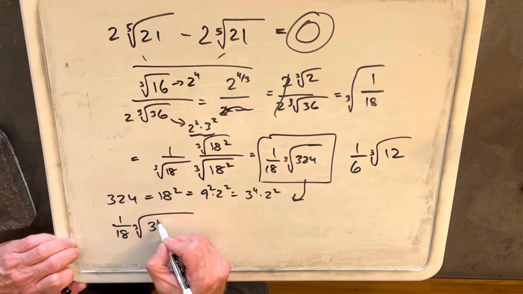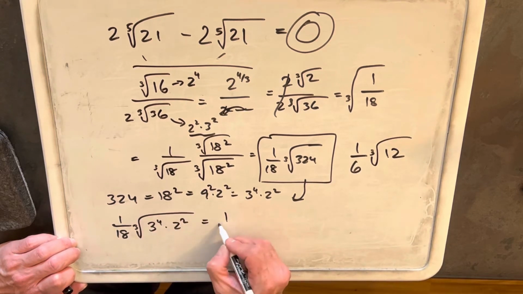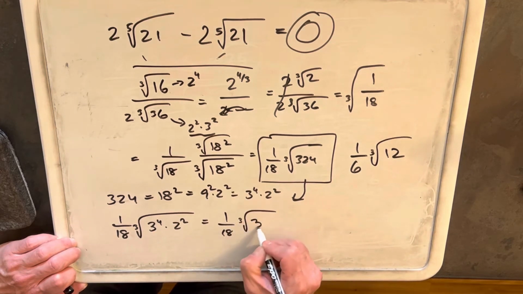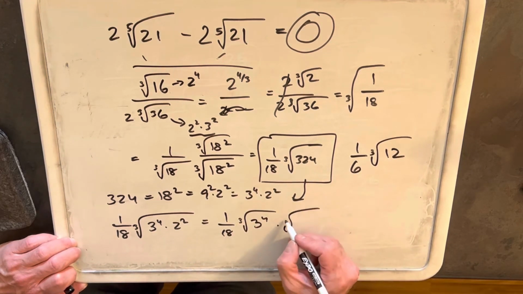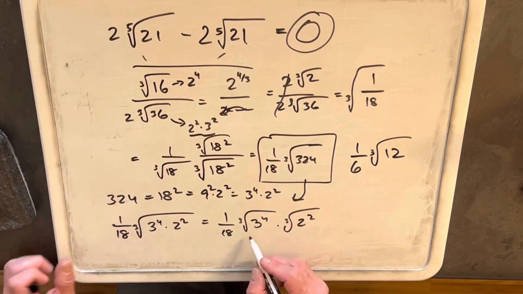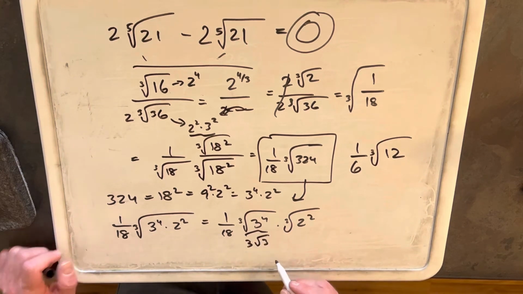So if we write this out as 3 to the 4th, 2 squared, and then we'll separate terms. We'll separate our 3 and our 2. Then this piece becomes 3 cube root of 3.